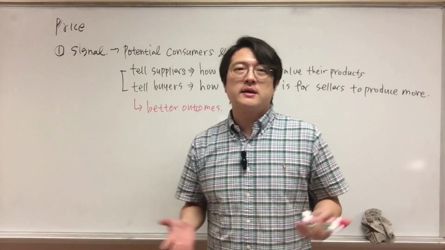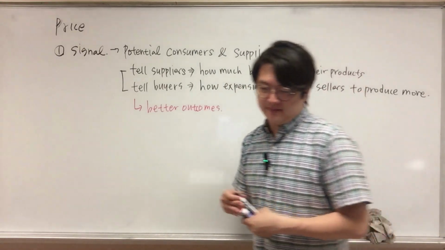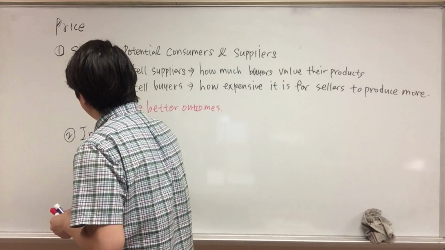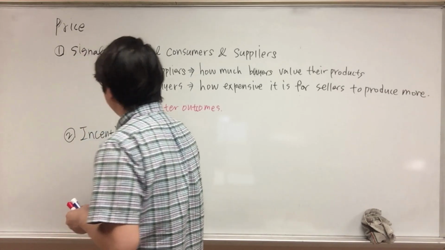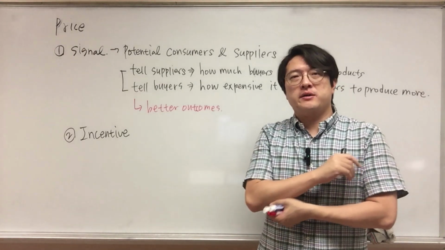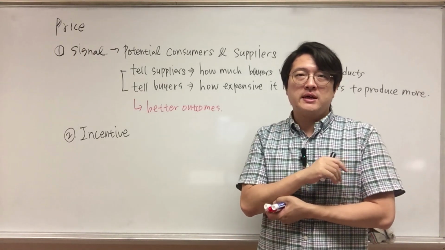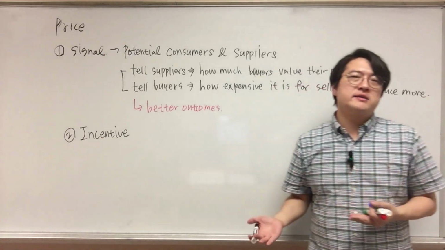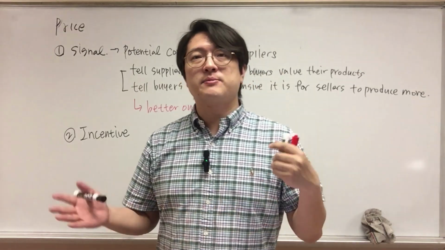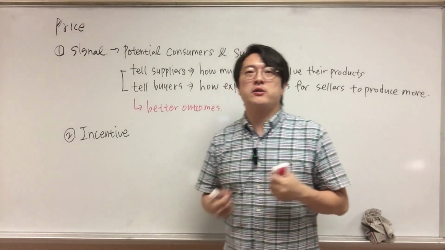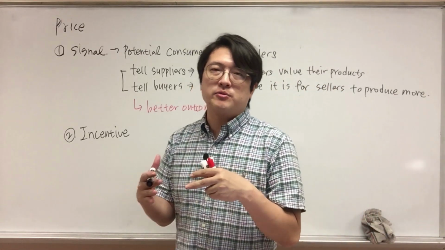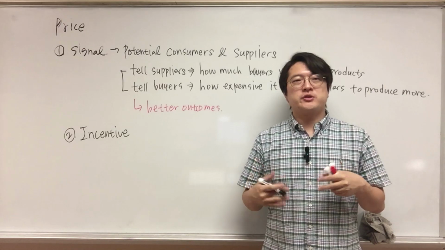Okay, so second, prices can be an incentive. So the higher the price, the more suppliers produce, as you know, and on the other hand, the higher the price, the less consumers consume. It is from low supply and low demand. So the price makes the two work together to produce a better result in the market.